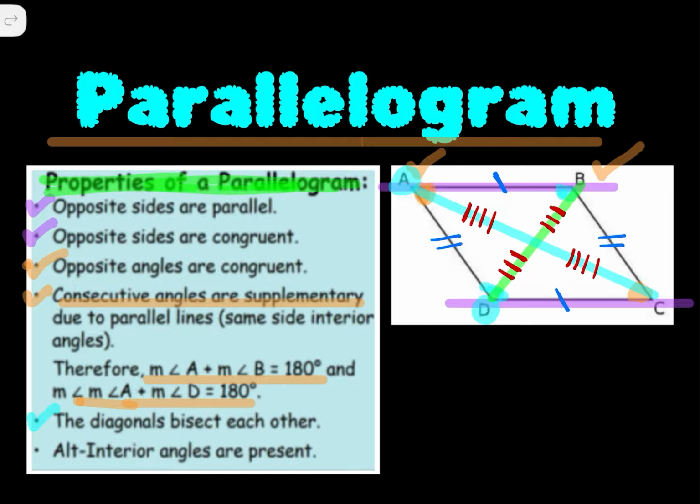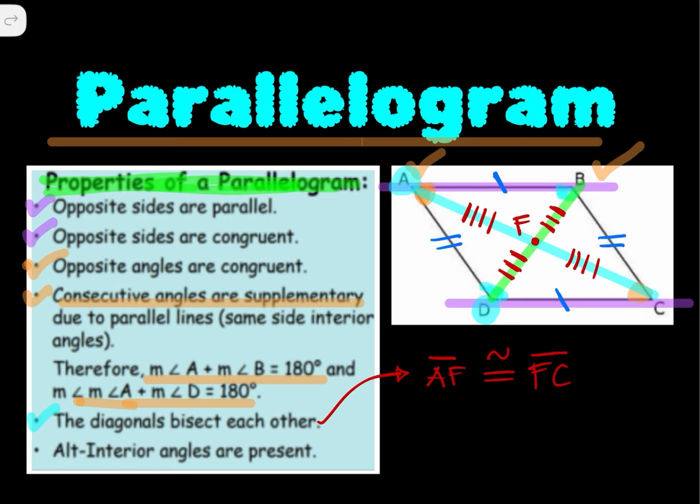Let's summarize that information. I'm going to name the middle letter F. So I am going to write the example here. Segment AF is congruent to segment FC. It makes a whole diagonal AC.